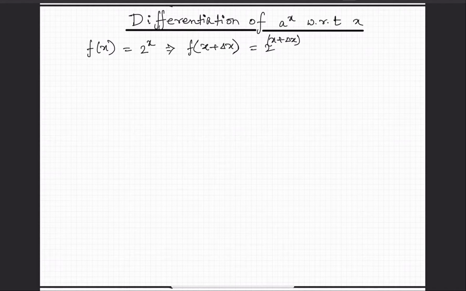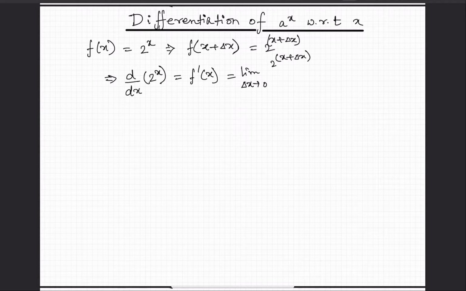So with the concept of limit, we can write that differentiation of 2 to the power x with respect to x, which can also be denoted as f dash x, would be limit del x tends to 0, 2 to the power x plus del x minus 2 to the power x, divided by del x.